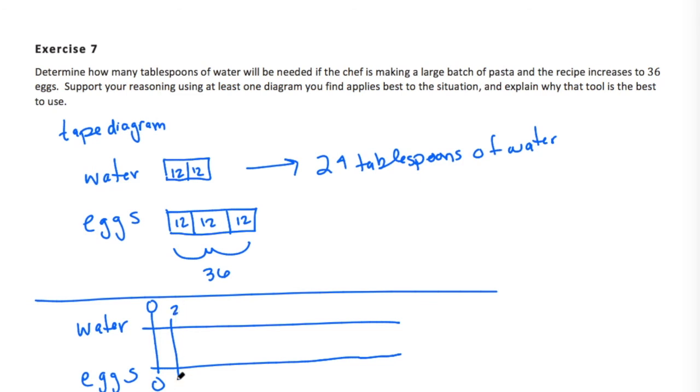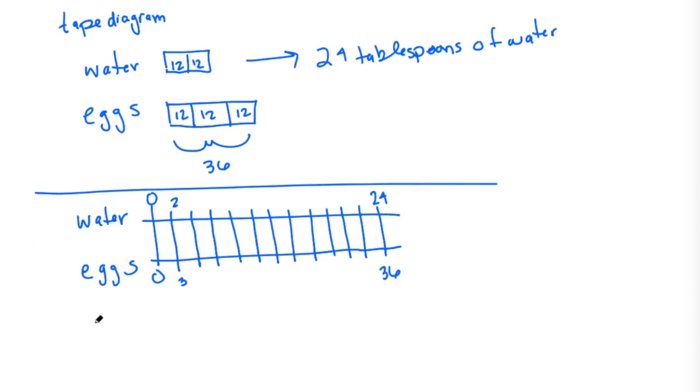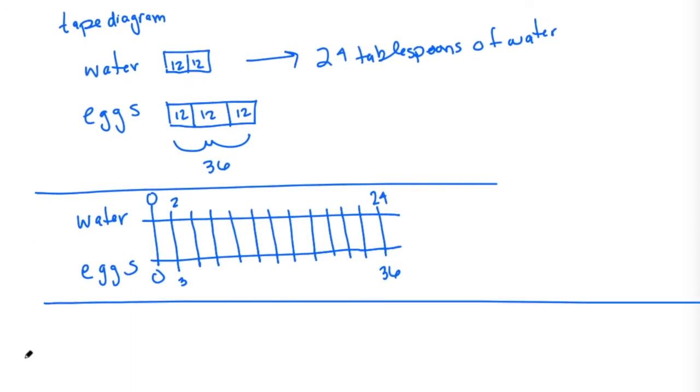If we have 2 water, we'll have 3 eggs, and we have to keep this going. 4, 6, 8, 10, 12, 14, 16, 18, 20, 22, 24. If we kept our numbering going all the way out, 24 tablespoons of water would correspond with 36 eggs.